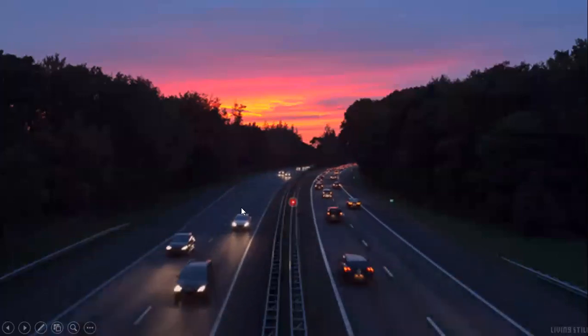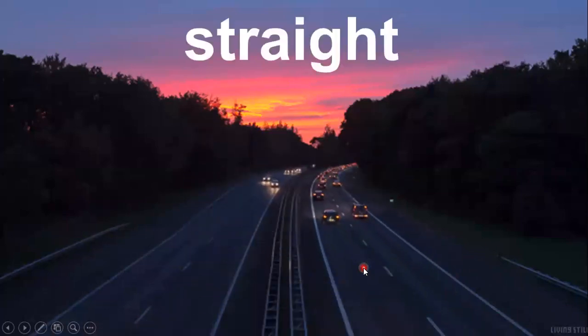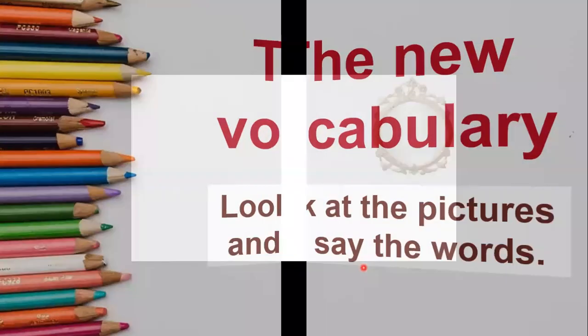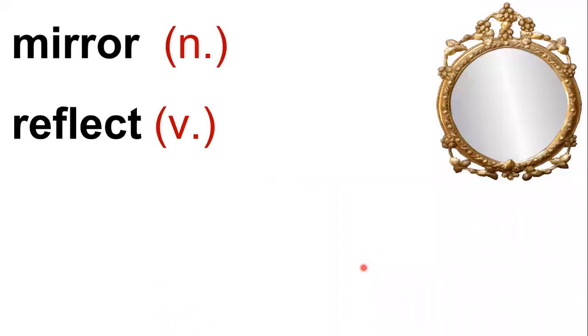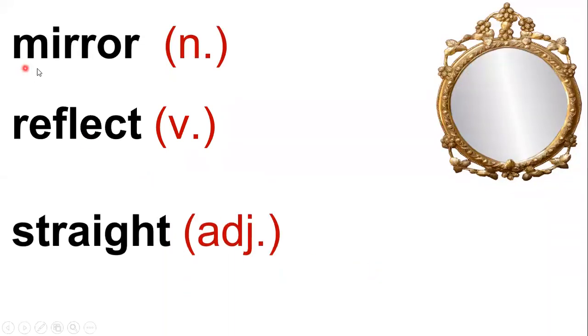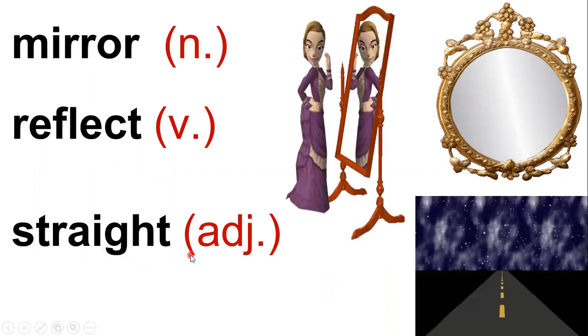Not left, not right, just straight. So for this lesson, we have only three words: mirror, reflect, and straight. If you find GH in the middle of the word, don't pronounce it. Just straight.